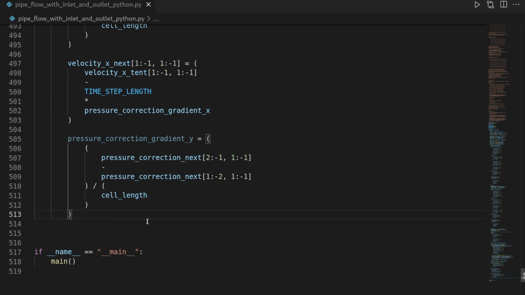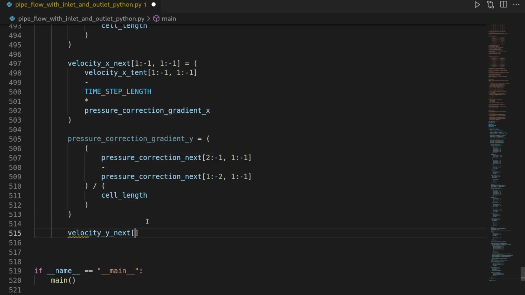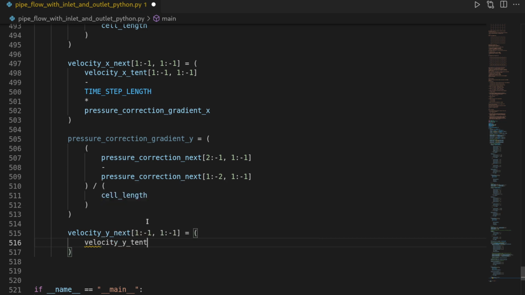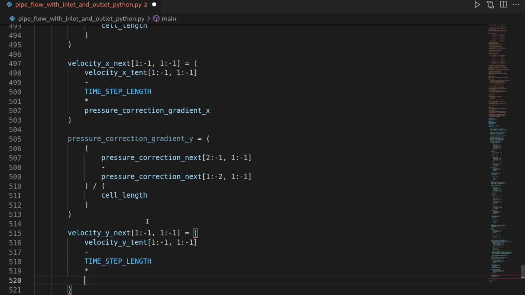And we do something similar in y velocity direction. So velocity y next at the interior is going to be velocity y tentative at the interior minus the time step length multiplied with the pressure correction gradient in y direction. And we're almost done. Last steps, bear with me.